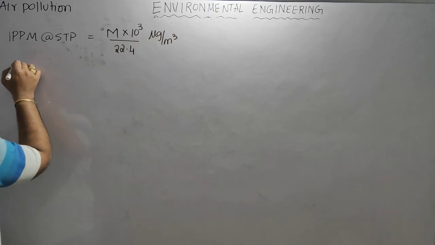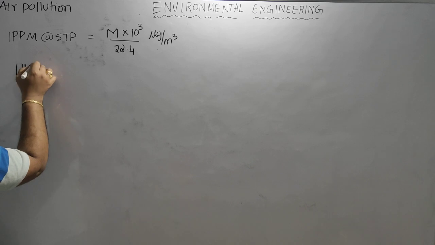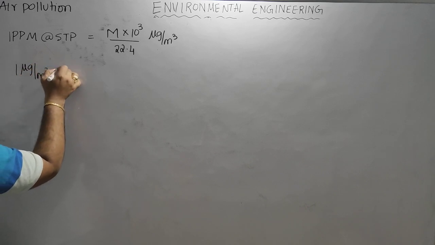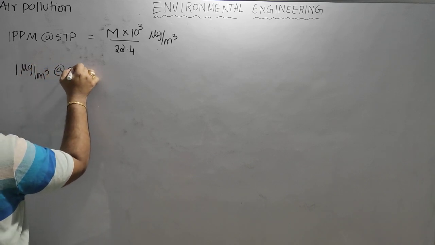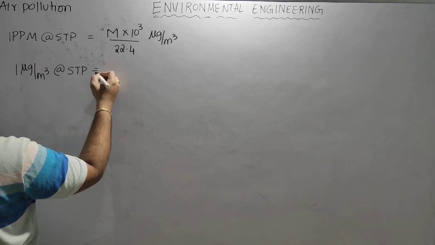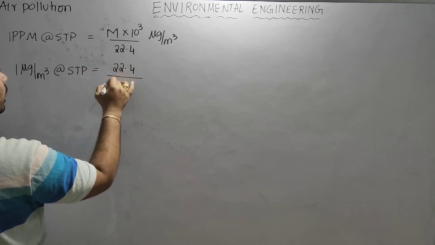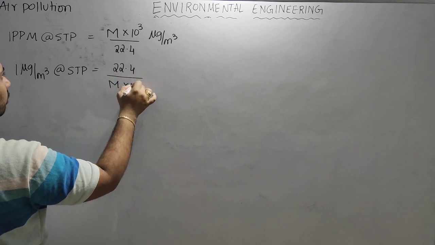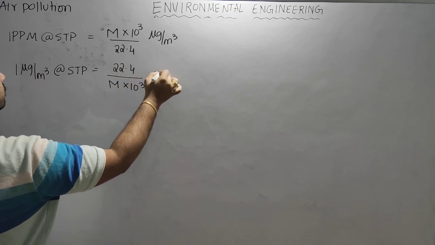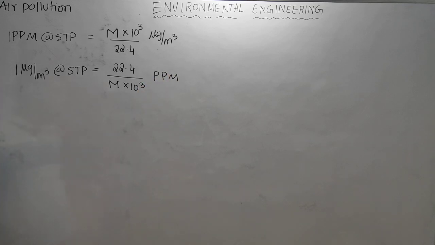Similarly, 1 microgram per meter cube at standard temperature and pressure is equal to 22.4 by m into 10 to the power of 3 ppm.